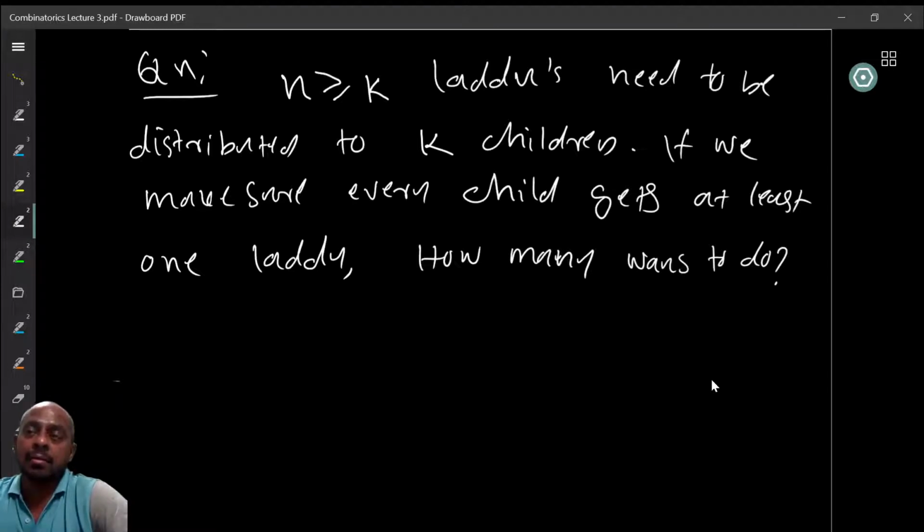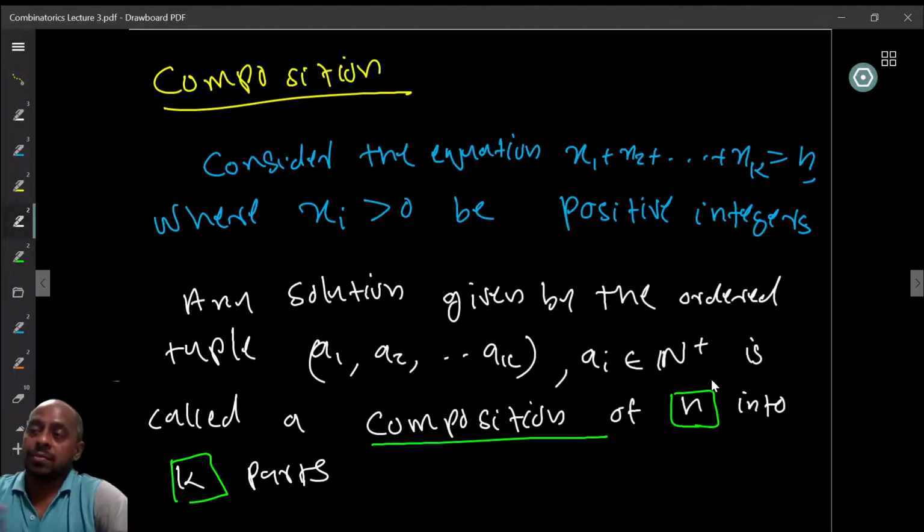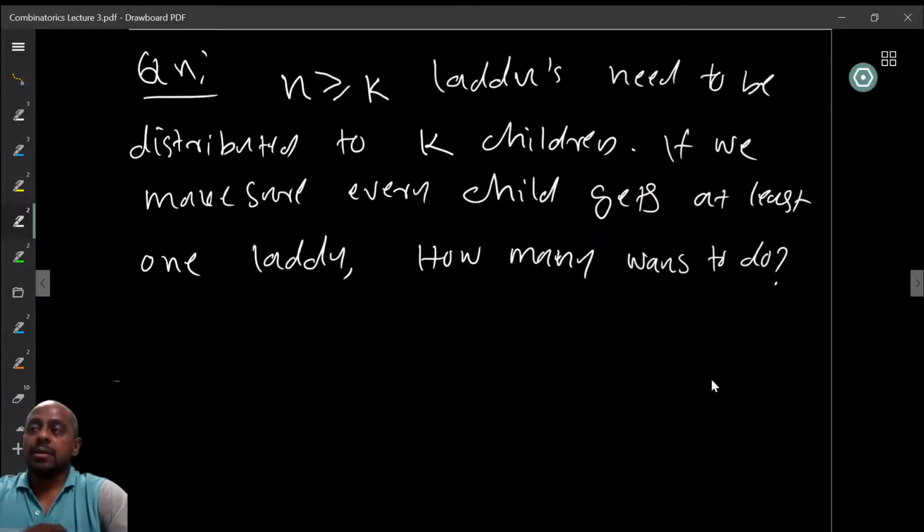Then the number of ways to do the distribution is precisely the number of solutions to this previous question of composition of n into k parts, right? Because the xi's are to be strictly positive, everybody gets at least one, and they should be integers, so everybody gets at least one.